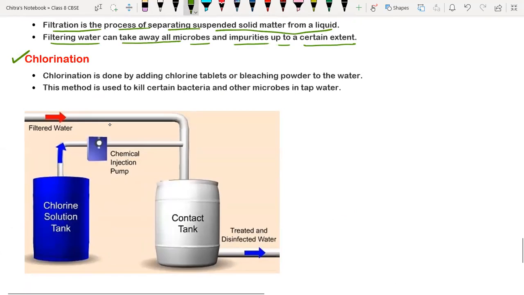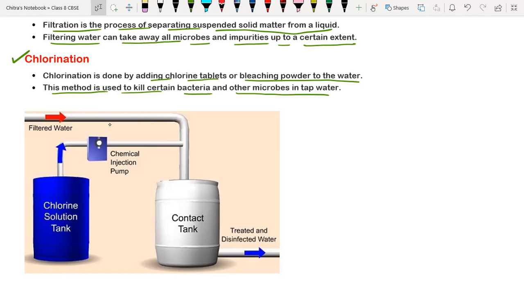So what is chlorination? Chlorination is done by adding chlorine tablets or bleaching powder to the water. This method is used to kill certain microbes like bacteria and other disease-causing pathogens in tap water.